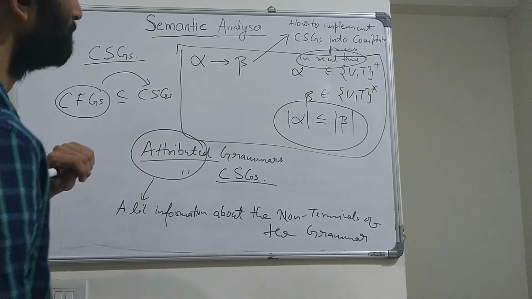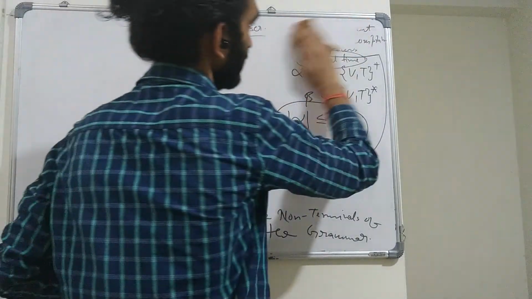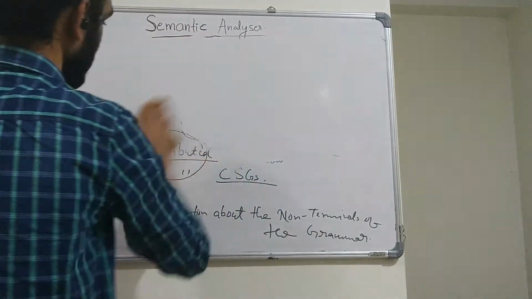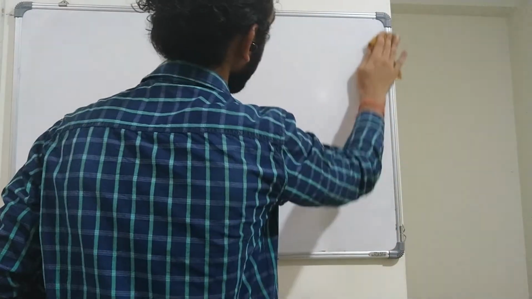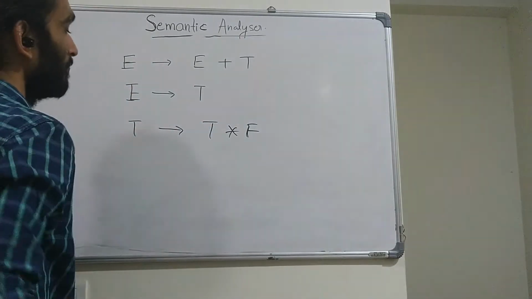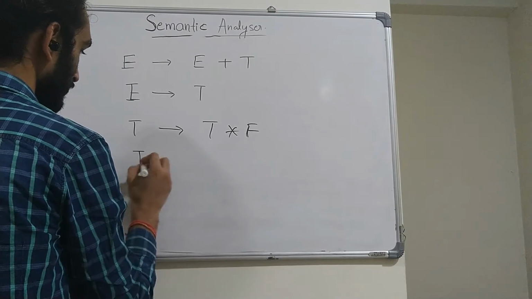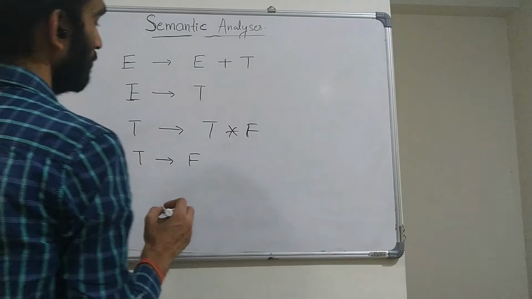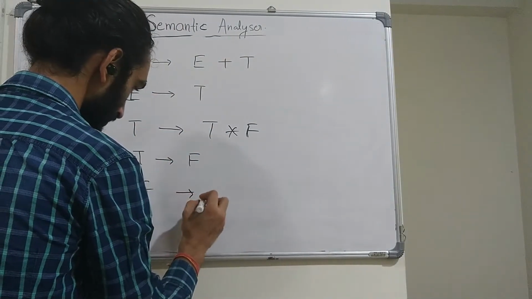So let's take an example for understanding this. I'm writing here a CFG which is used for computing expressions containing only two operators, addition and multiplication.